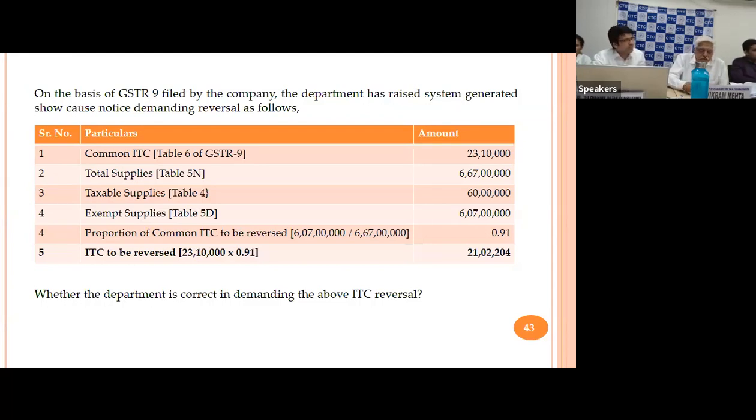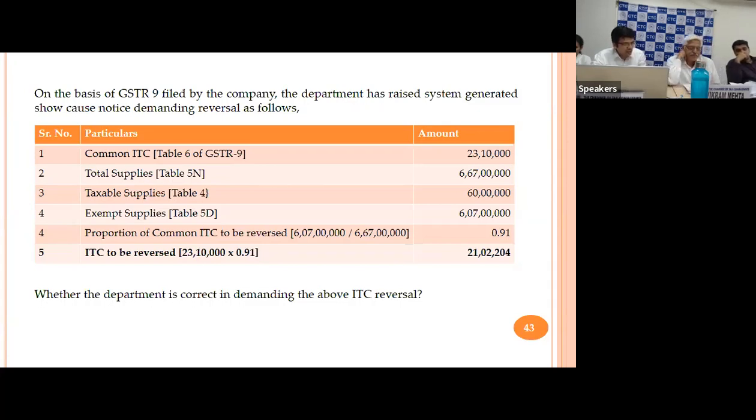But assuming the company has shown that amount as 2 lakhs exempt supply, taxable supplies are 60 lakhs because the development activities are the amount on which the company pays the tax. The sale of land, 6 crores, the company does not pay the tax. In fact, on any of the amounts, it does not pay the tax except for the 60 lakhs. Okay. And so the exempt supplies appearing in table 5B is 6 crore 7 lakhs.